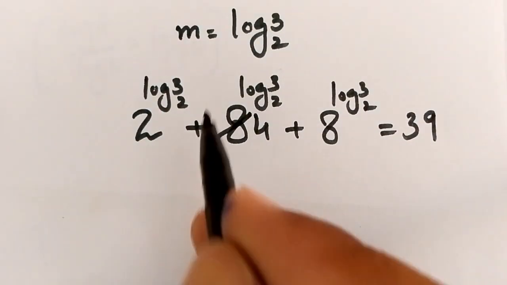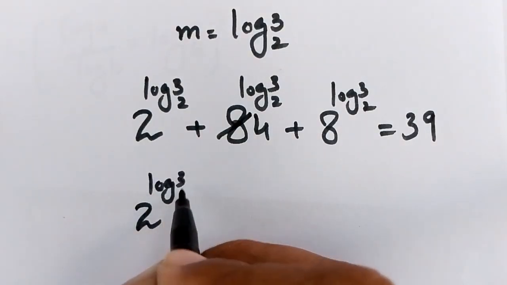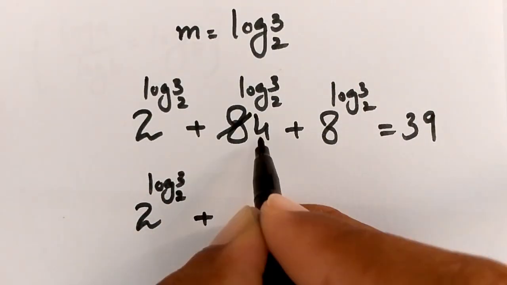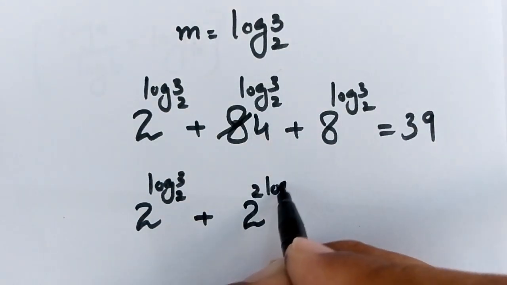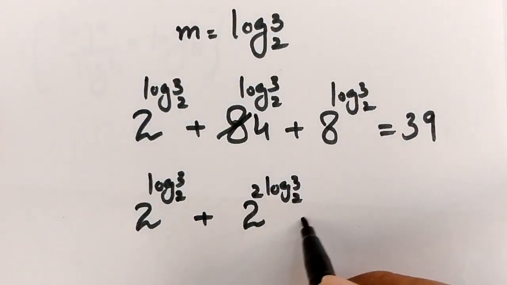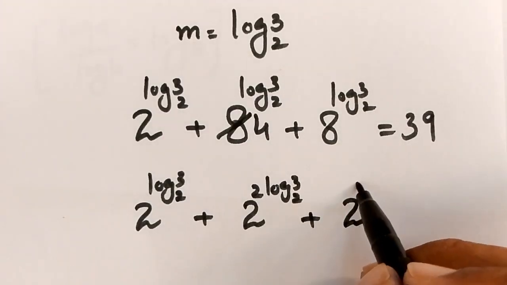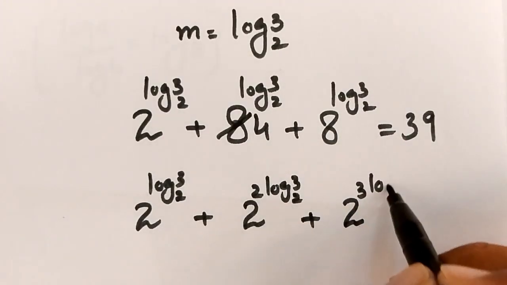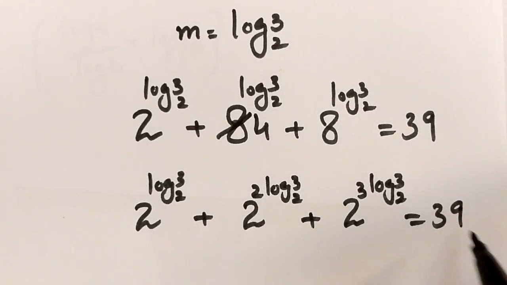Now this 4 is equal to 2 square and this 8 is equal to 2 to the power of 3, and this log of 3 with base 2 is equal to 39.